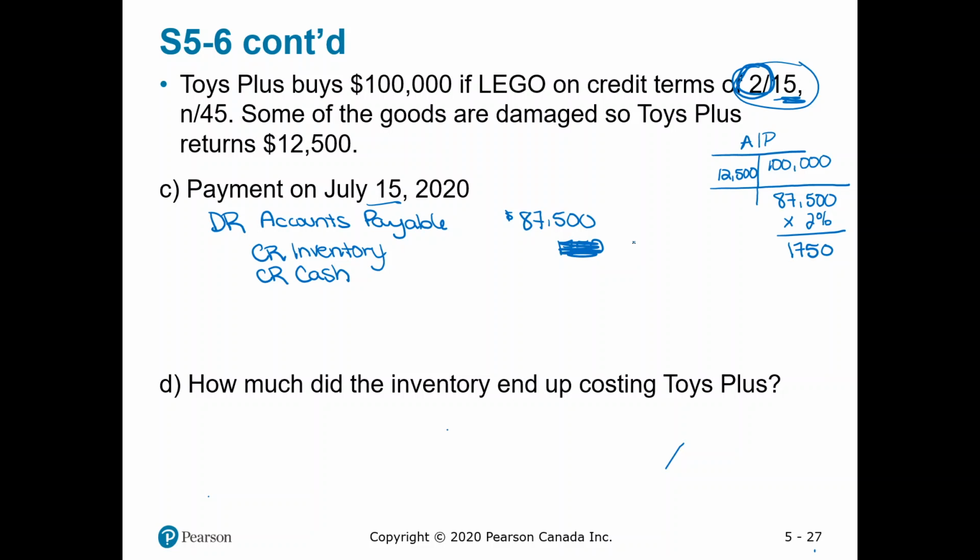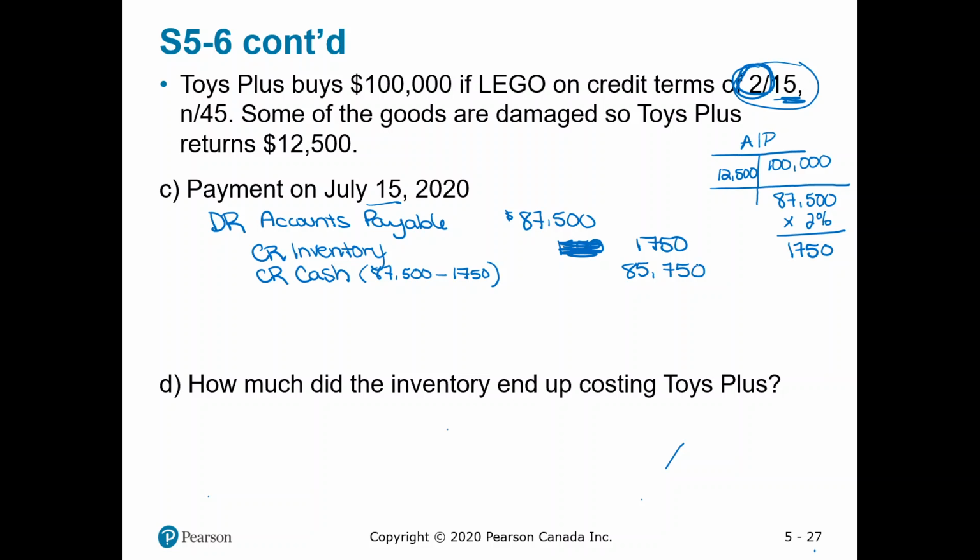Move this over to show it as a credit. And we take the 87,500, subtract our discount of $1,750, and we end up paying cash of $85,750. That is the amount that's paid within the discount period.